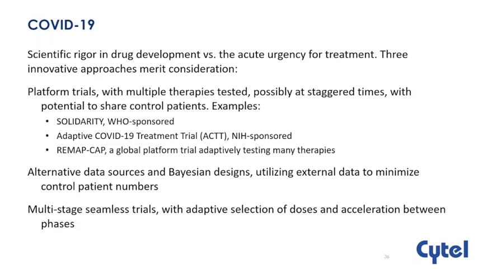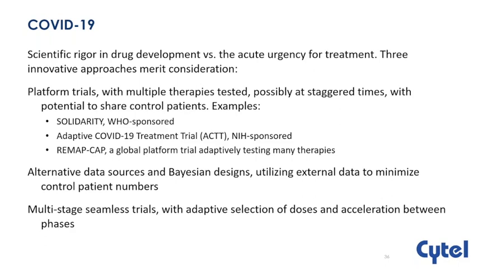There are 3 ongoing platform trials. In fact, the very first treatment that is showing positive results, which is remdesivir, is actually coming from the NIH-sponsored ACTT trial. It's only a 2-arm trial now, but the trial is open to adding other treatments.